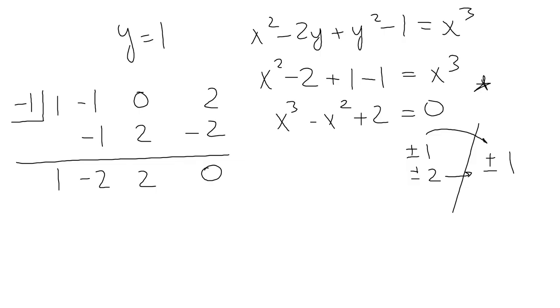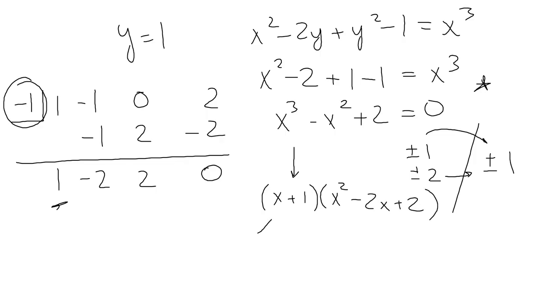We could see that it does divide nicely by negative 1, which means that this factors into x plus 1 and x squared minus 2x plus 2. This gives us x equals negative 1.